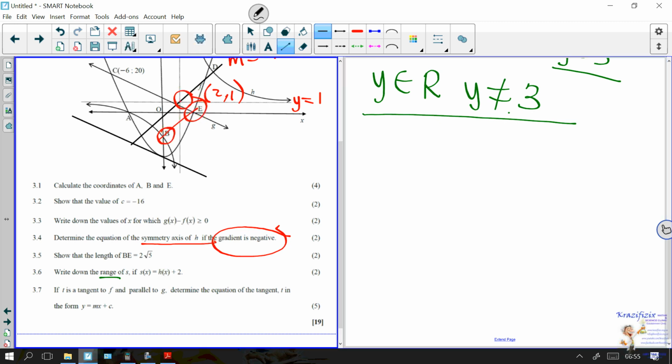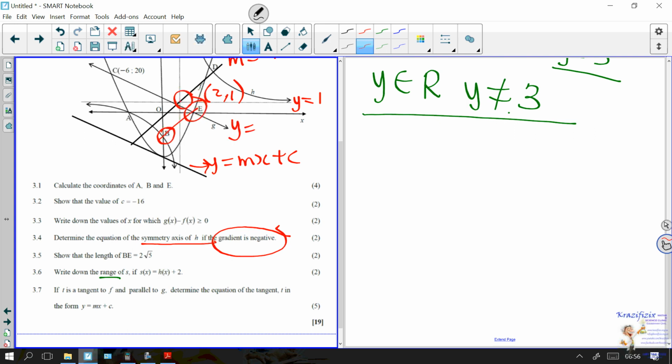That's my tangent there, parallel to G. Determine the equation of the tangent T in the form of Y equals mx plus c. Remember, it is a straight line. A tangent, Y equals what? Mx plus c. But what do I know about parallel lines? Parallel lines have equal gradient.